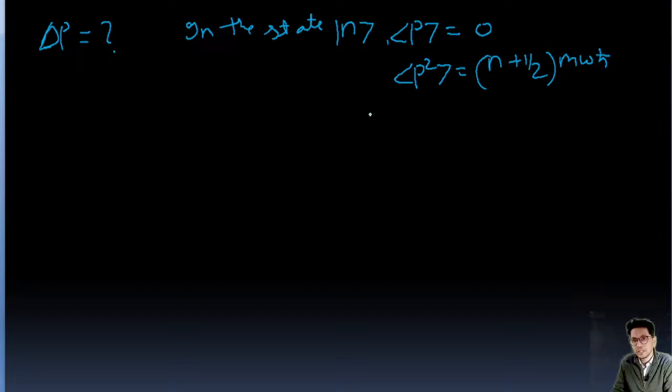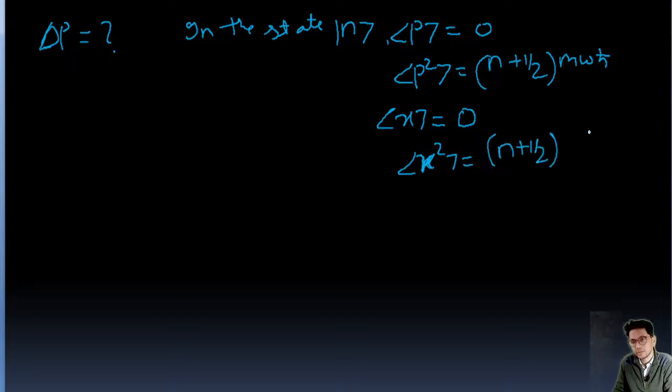Similarly in the same state, the expectation value of the position operator x is 0, and x square is (n plus half) h cut upon m omega. This you need to know and note down.